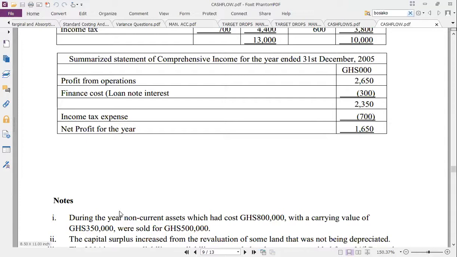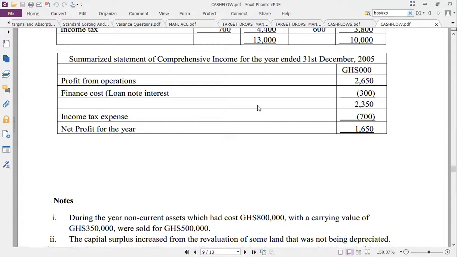Good. So from the income statement, we have to select the profit before tax, and any other alien item. So in this question, what's the profit before tax? That's the 2,350.